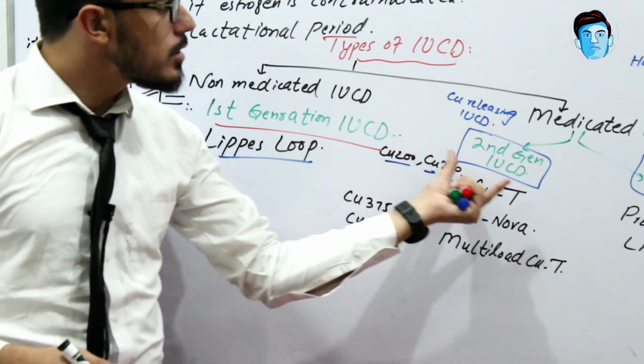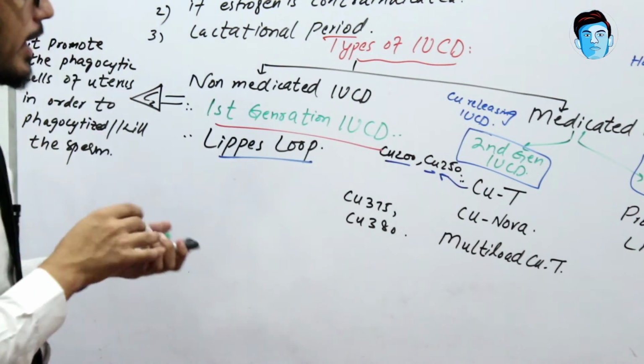While if we talk about second generation IUCD, what is its mechanism of action?